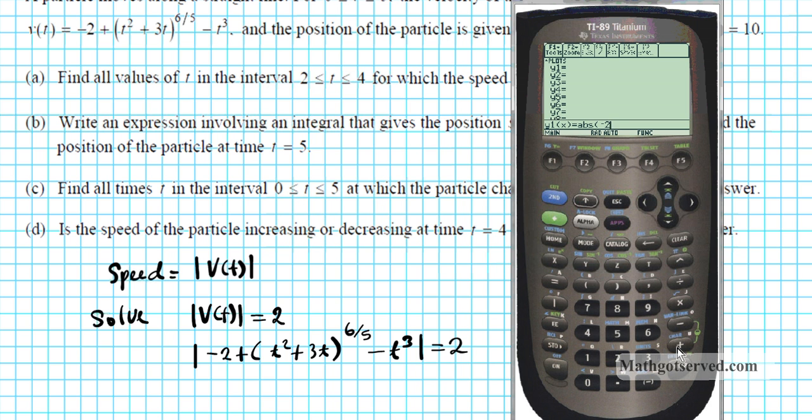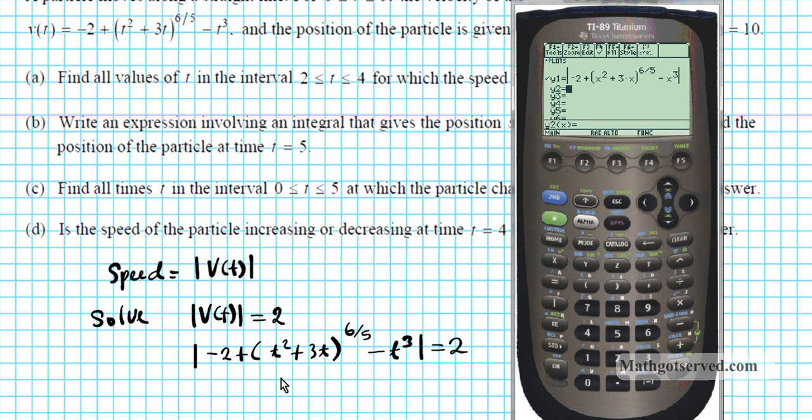Negative 2 plus, remember the independent variable here is x, not t, so we're going to have to use x to the second power plus 3x, the entire quantity raised to parenthesis 6 over 5 minus x to the third. Close the absolute value parenthesis, enter.